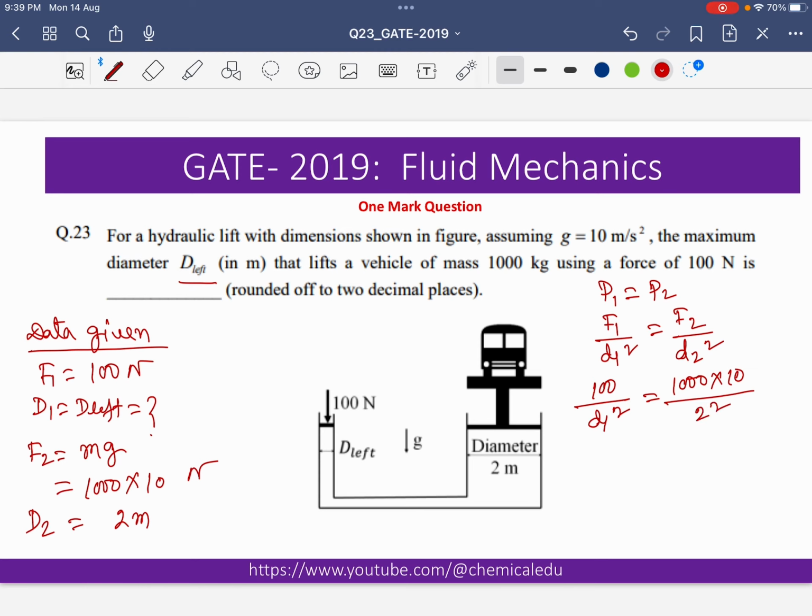Now that 2 here will cancel out, so we get 1 by D1 square is equal to 100 by 4, so D1 square will be 1 by 25.